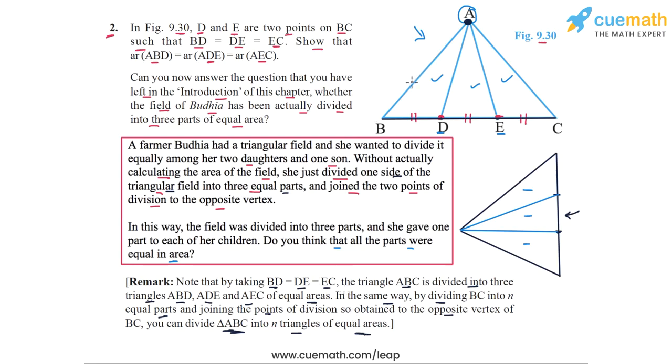Because they have the same altitude, which is the altitude drawn from the point A to the side BC. So if you draw AX, it will be the same for all the n triangles, and all their bases will have equal lengths, because you are dividing BC into n parts of equal lengths. So all the triangles will have equal areas. So this is what this remark said, and with this we have completed question 2.